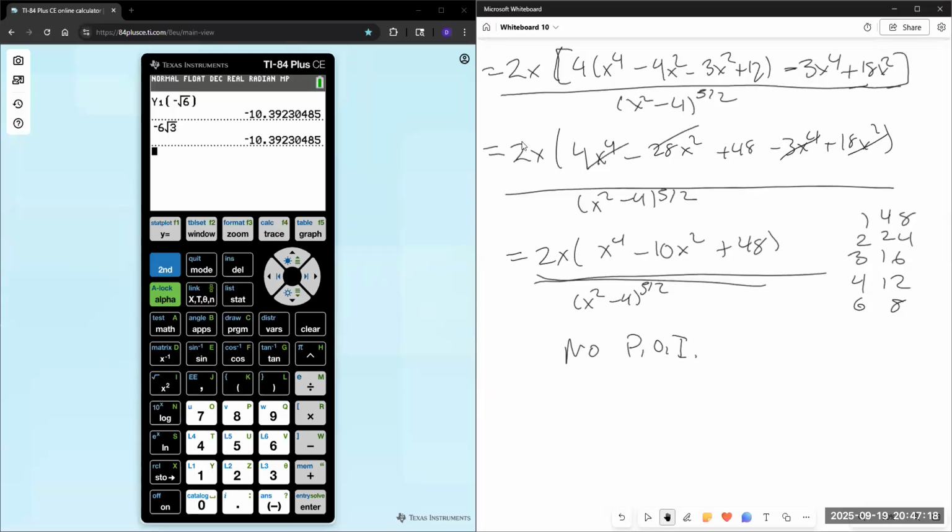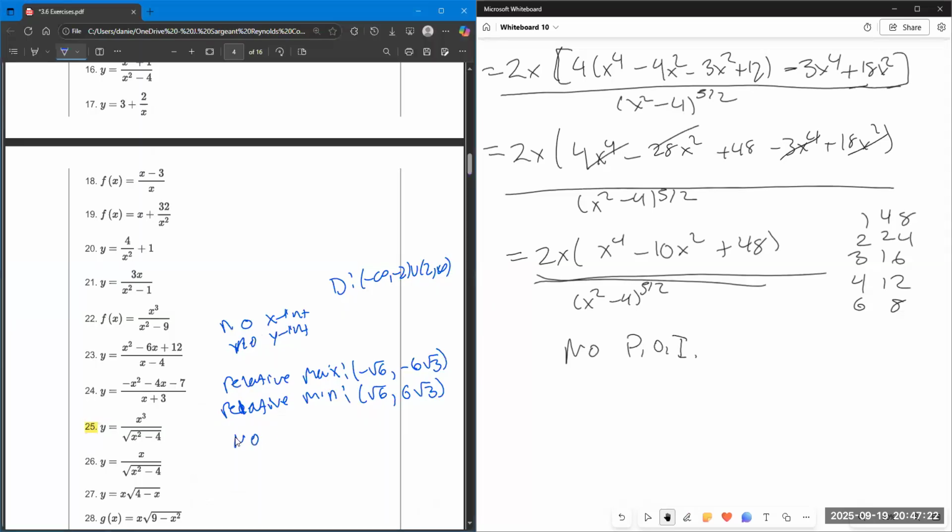Right, so no point of inflection, and I don't really need to know concavity here. All right, did I get, yes, I did.